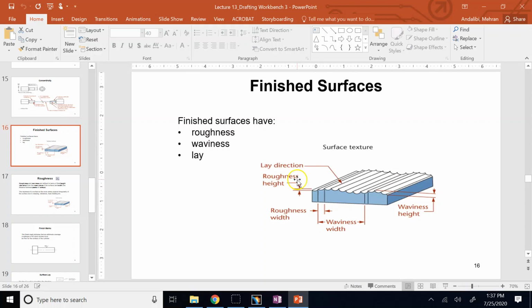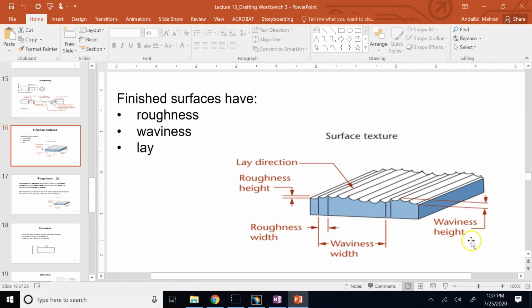So if you look at, as I said, a surface under a microscope, you would see some ups and downs most of the time. And then these ups and downs, like these peaks here, we measure them from a base. So the base here could be the lowest point of the surface.